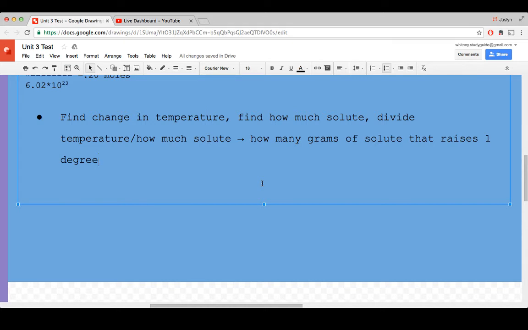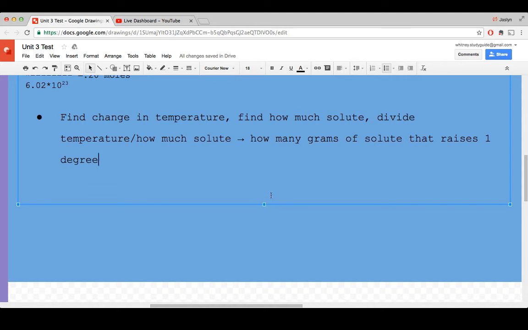So on the pH 44 that we got feedback for, number 6 was a problem like this. Try it again. So basically, you just have to find how many grams of solute raises it 1 degree. For example, in pH 44, it was asking how much additional mass of the same solute should be dissolved in the solution to reach a boiling point of 101.8.